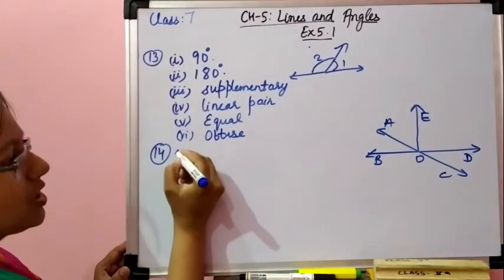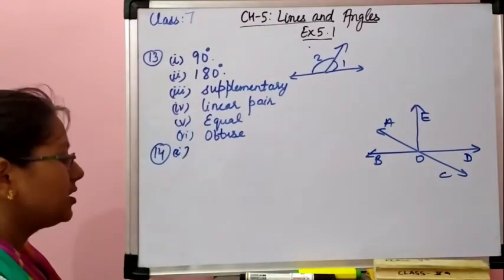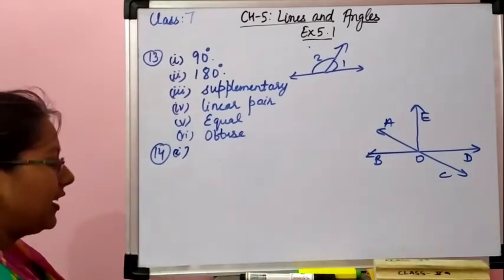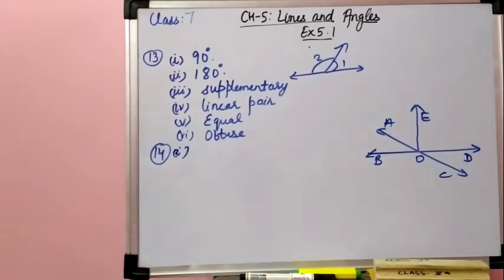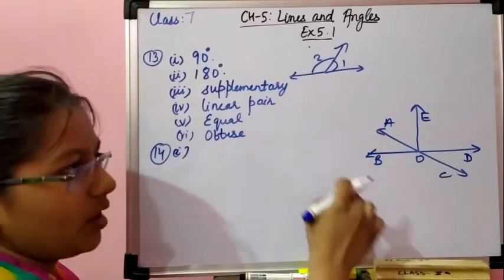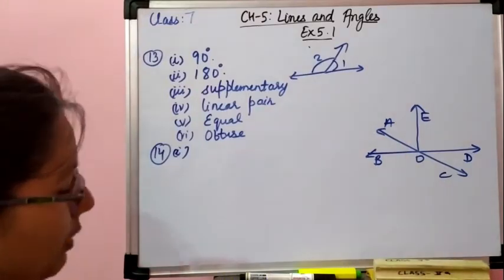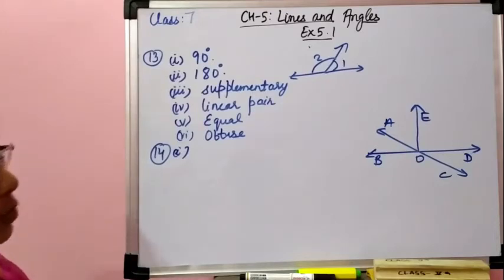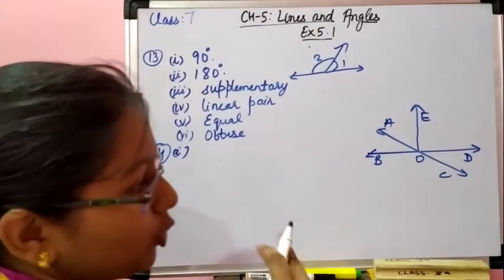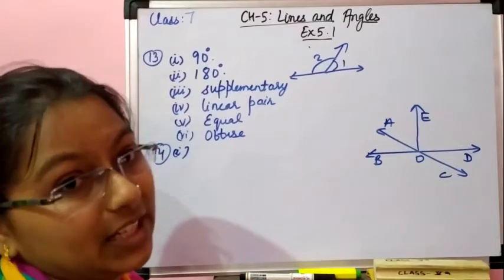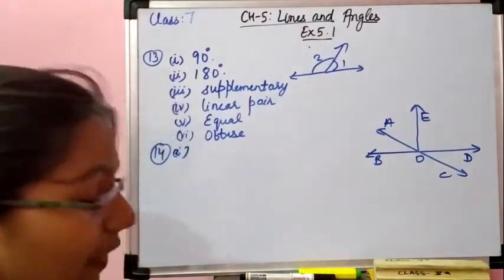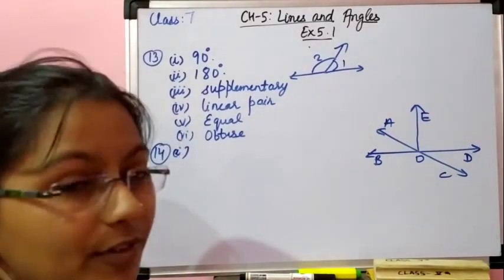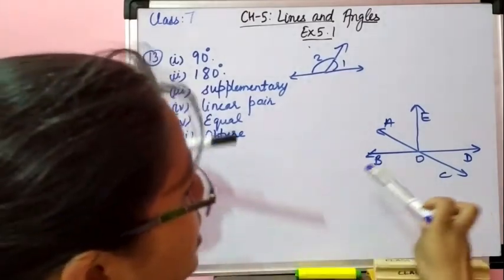Now what are the questions based on that? First part is, in the adjoining figure, name the following pair of angles. We have to name the angles, whatever angles have been asked. Now, obtuse vertically opposite angles. Obtuse भी होने चाहिए और vertically opposite भी होने चाहिए. For finding vertically opposite angles, first of all we need two lines which are intersecting.